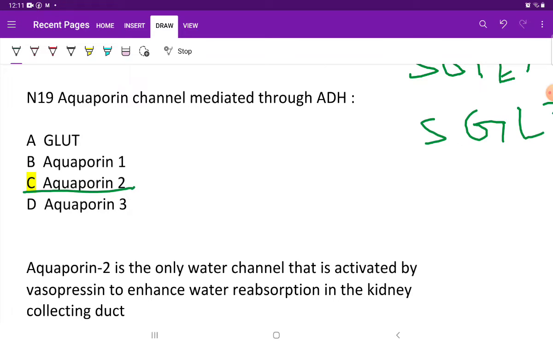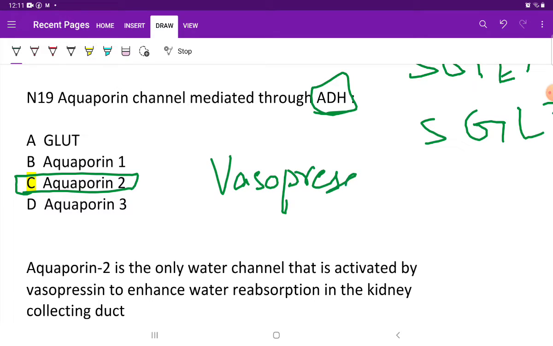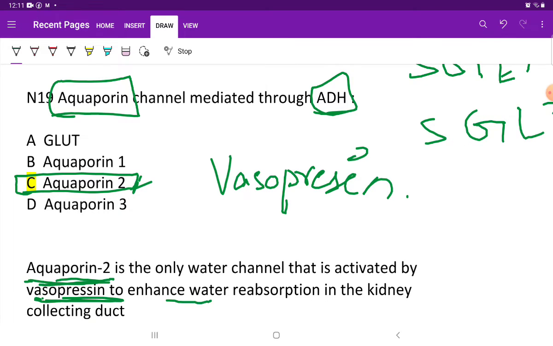The answer is aquaporin 2. Why is it aquaporin 2? Here ADH is present. ADH is vasopressin, human vasopressin, and the aquaporin which reabsorbs water in the presence of vasopressin is aquaporin 2. Aquaporin 2 is the only water channel that is activated by vasopressin to enhance water reabsorption in the kidney.